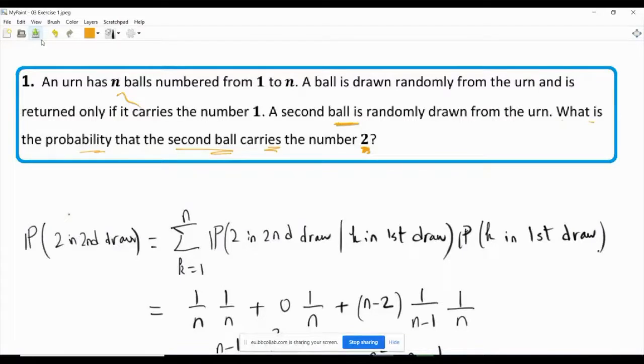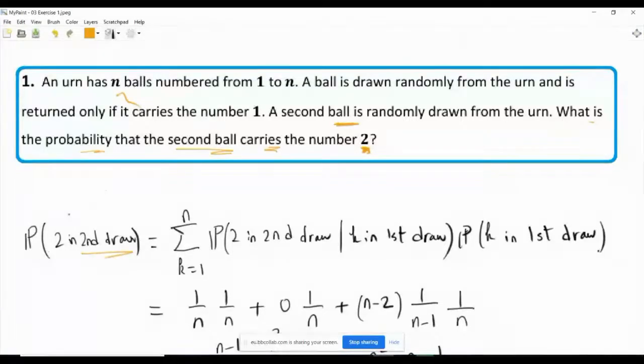So the event of obtaining 2 in the second draw is not very straightforward, but it becomes straightforward if we condition on the possibilities that may happen in the first part of the experiment. That is the law of total probability applied.